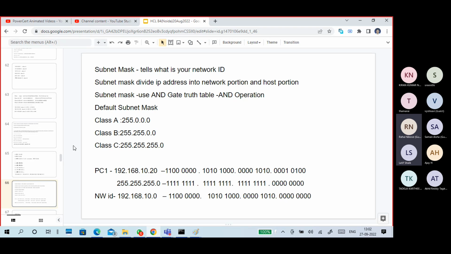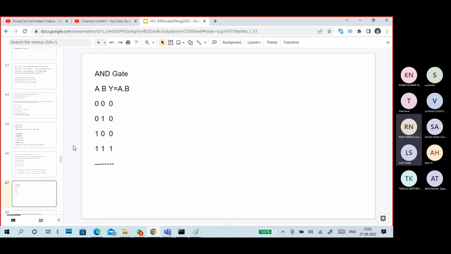So this is the IP address in binary conversion. And what we have to do is an AND gate operation. You may not remember the AND gate. It is already there in your 10th class itself, like truth tables. True, true, true; true, false, false; false, true, false; false, false, false.